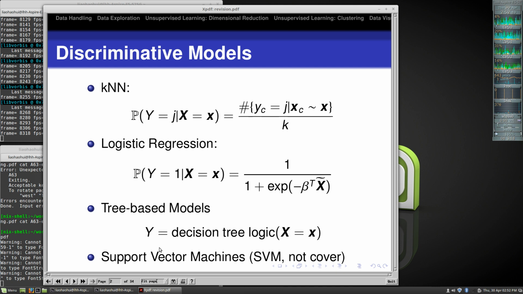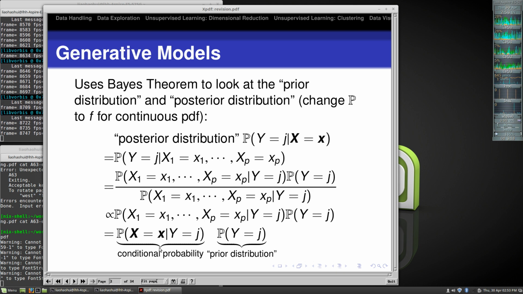And lastly would be the support vector machine. It uses something called a hyperplane to split out the positive and negative data, but it's not covered in our course.